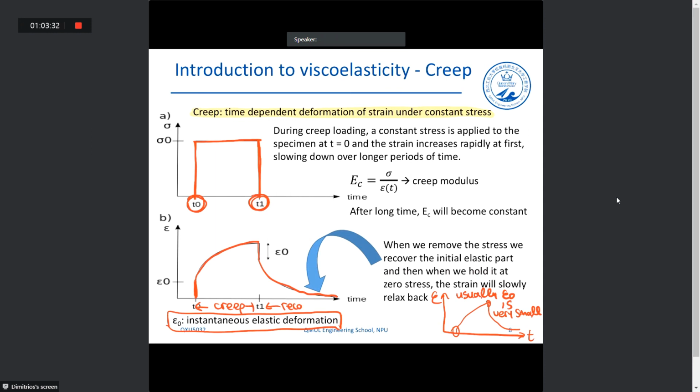Okay, so generally when we apply stress, the strain increases rapidly. And then after we remove the stress, the material returns to its original position or has some permanent deformation.